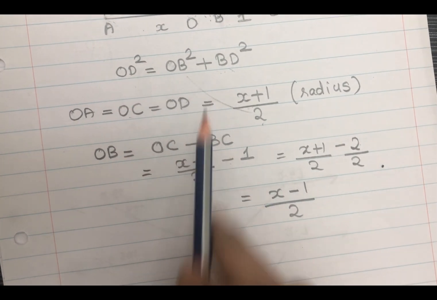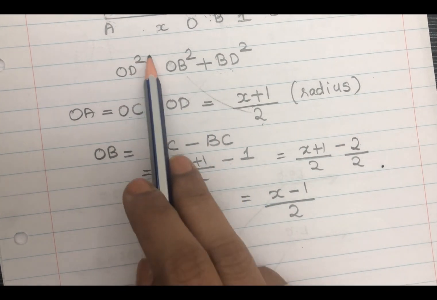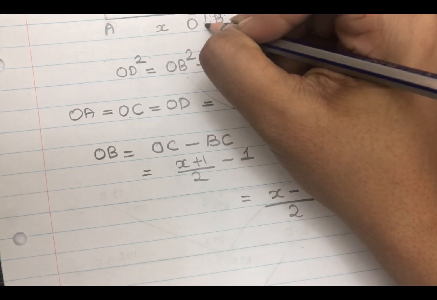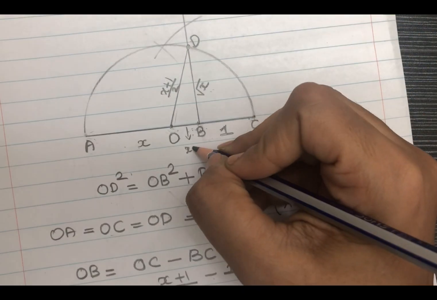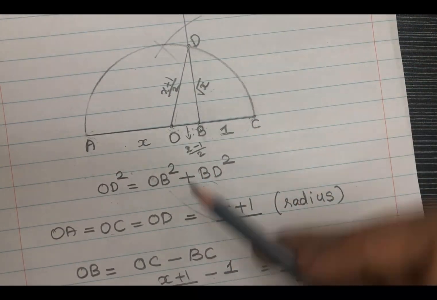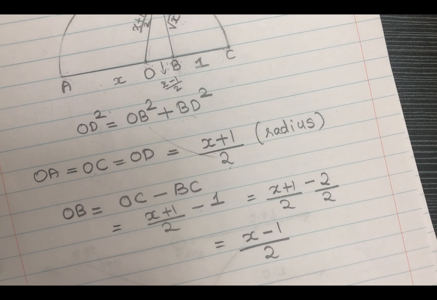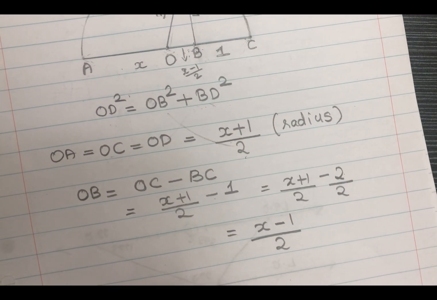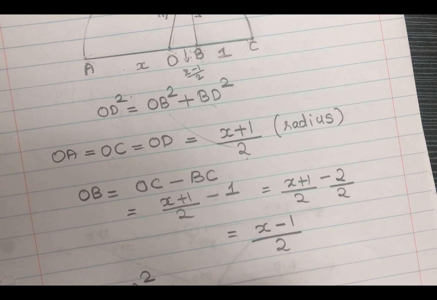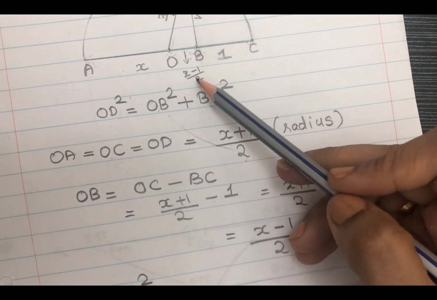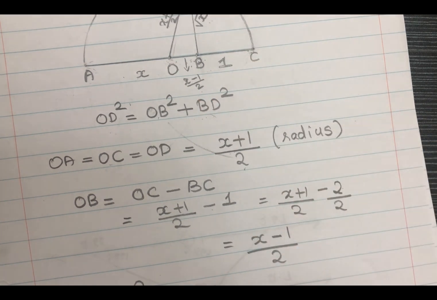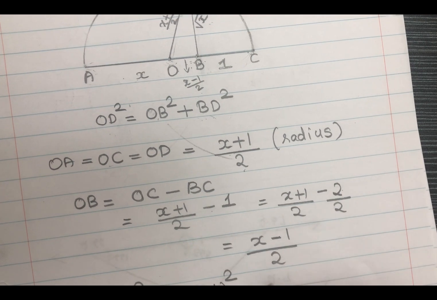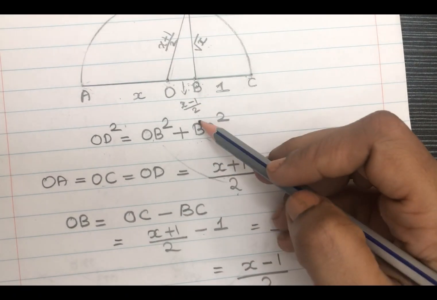So let's put all these things into the equation. OD square, where is OD square? Here it is, (x plus 1) by 2. OD square is (x plus 1) by 2 the whole square, equal to OB square, which is (x minus 1) by 2 the whole square, plus BD square.